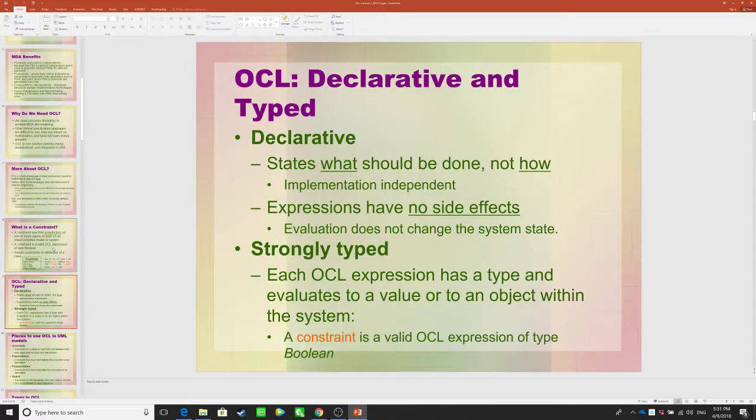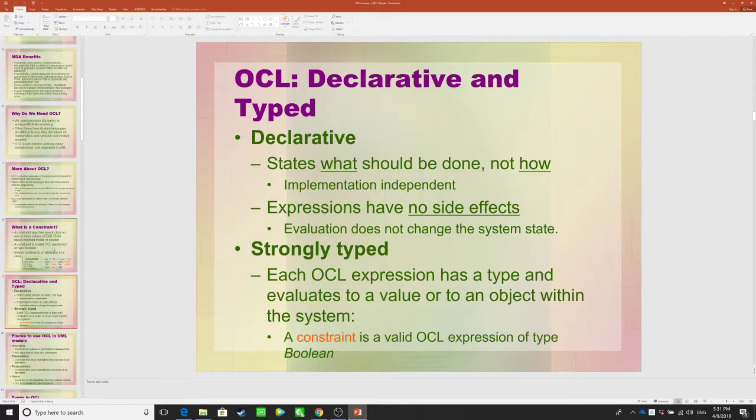Okay, and declarative and typed. Declarative states what should be done, not how. And expressions have no side effects. If you know programming, you declare a type, right?